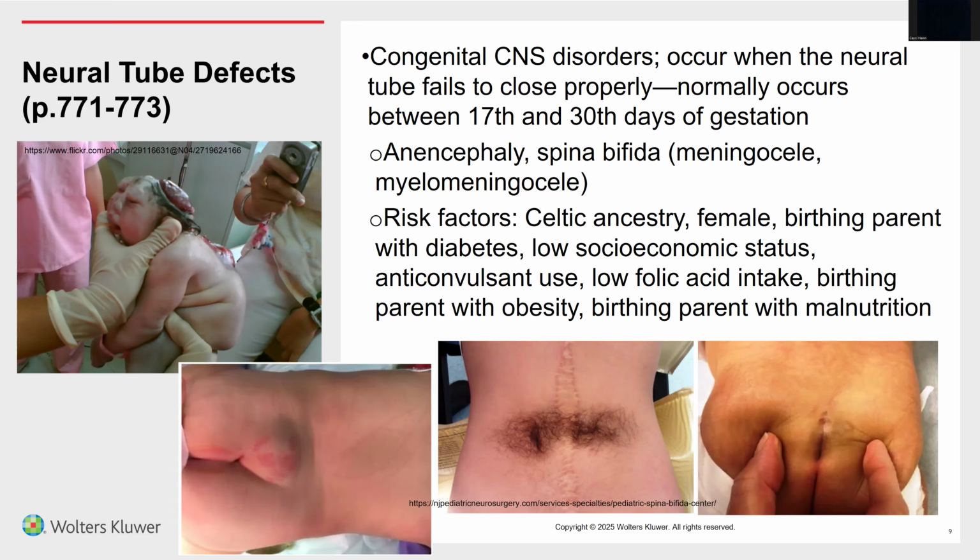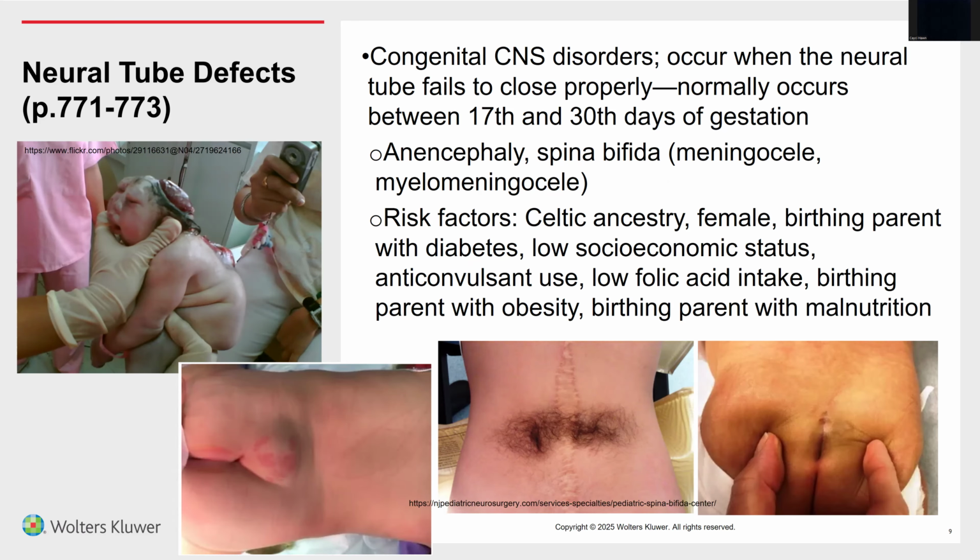And then myelomeningocele is the most severe form. Now, in the spinal canal, there is that opening along several vertebrae in the back that allows the spinal cord and membranes and nerves to protrude into that sac. So this can absolutely result in significant disabilities to the baby, bowel, bladder problems, paralysis, things like that.